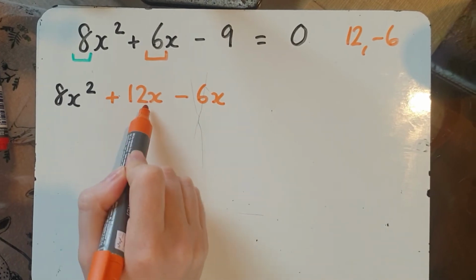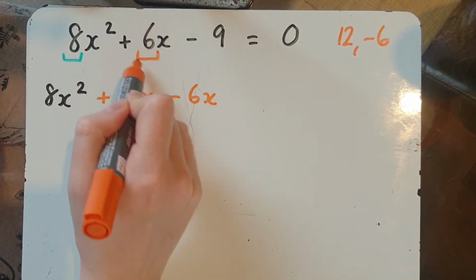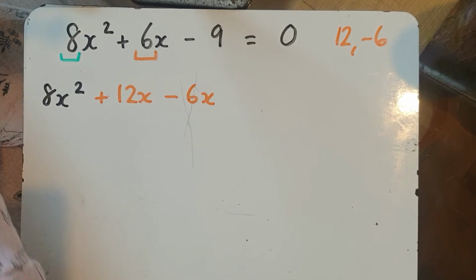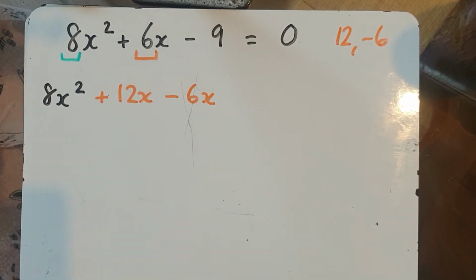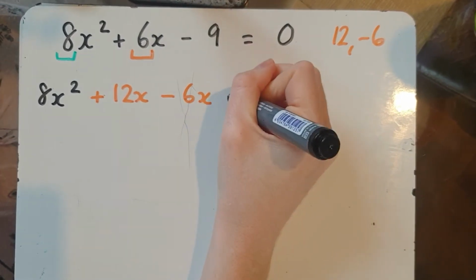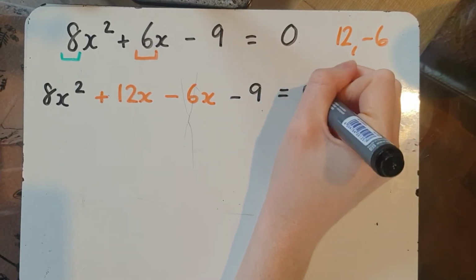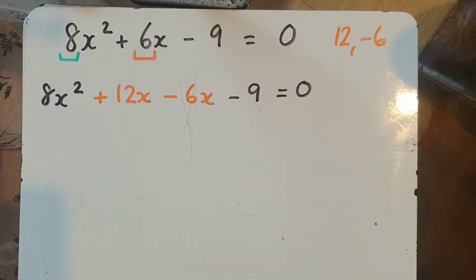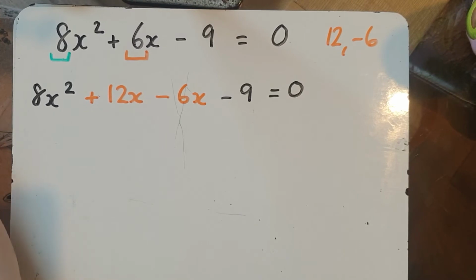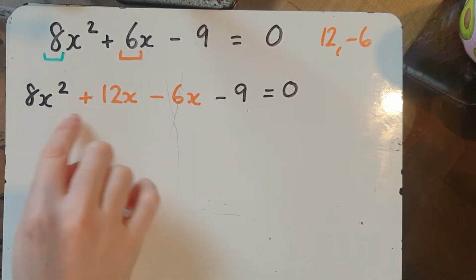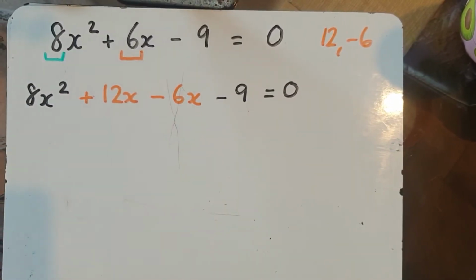And if you look, 12x minus 6x simplifies to this 6x here. So I haven't changed the equation. From there, I want to factorise this side and factorise this side.